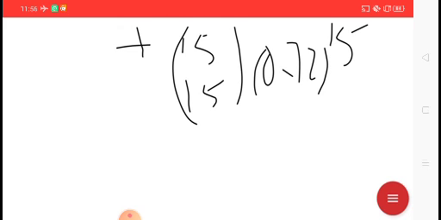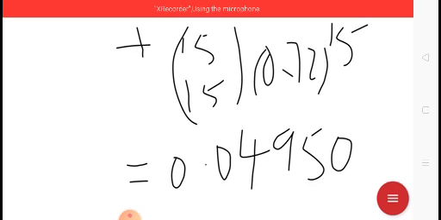You can add these together directly, and you should get 0.0495.